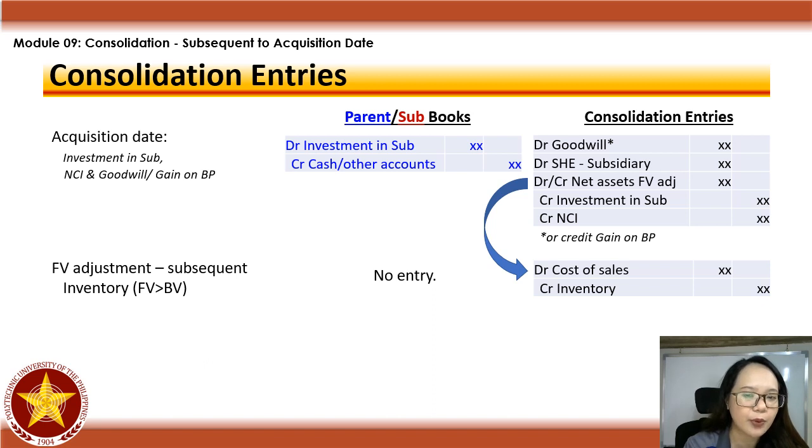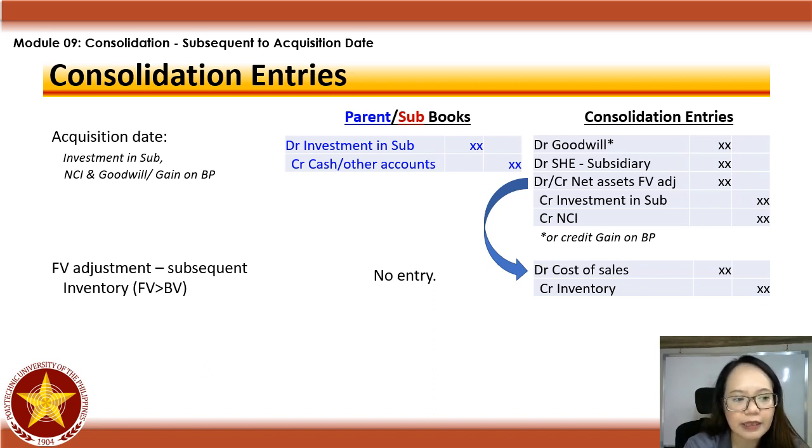But remember, when that inventory is subsequently sold, what the subsidiary recorded as cost of sales is only its book value. Right? So the difference, the fair value adjustment, is left in the consolidated books. So for you to adjust, you should also close the inventory balance that you recorded in the consolidation entry.